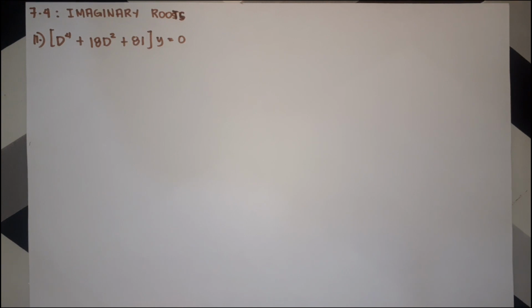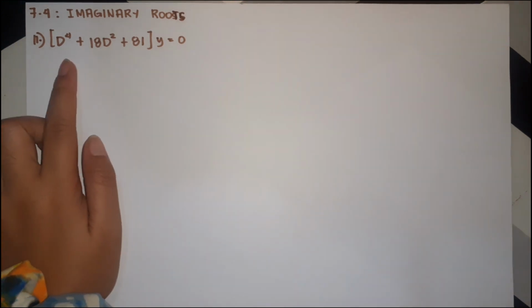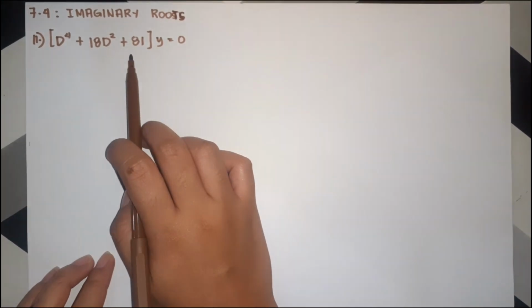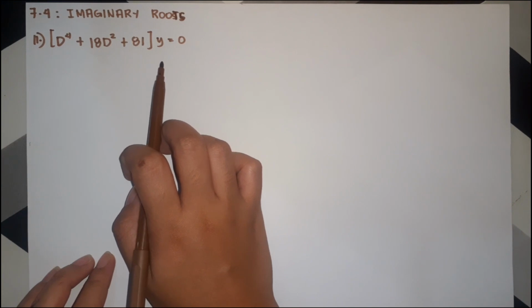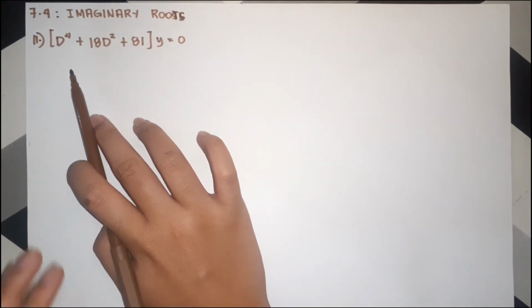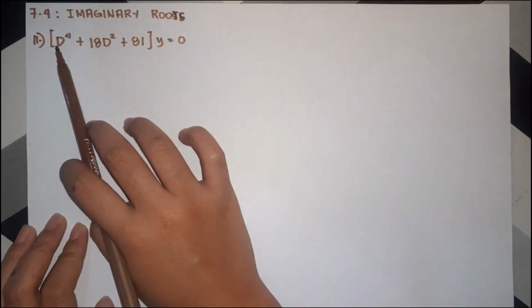Hello guys, in this video we are going to solve an auxiliary differential equation which has imaginary roots. We have here an example: D raised to 4 plus 18D squared plus 81, times y, is equal to 0. In getting the roots of this differential equation, we will change D into m.